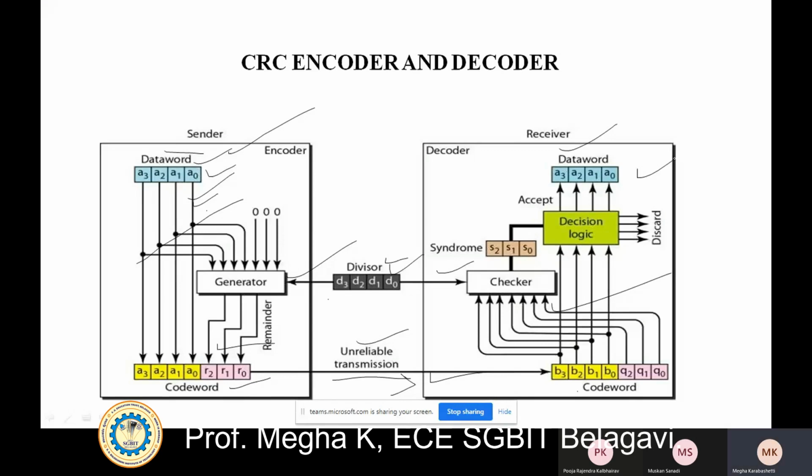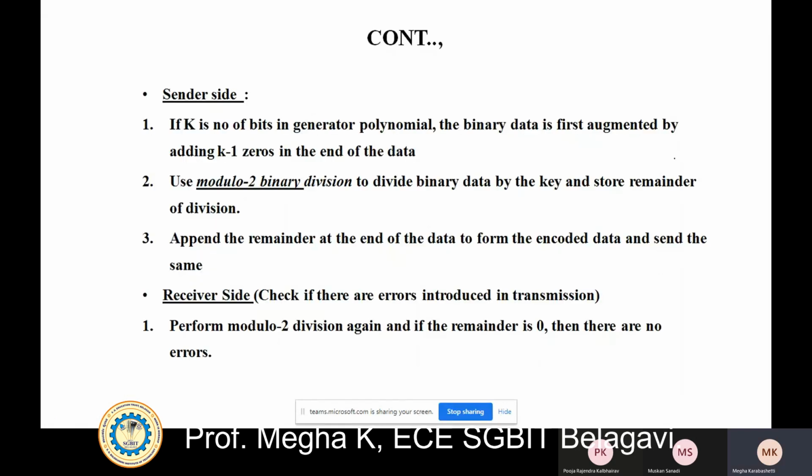You have the operation written here. On the sender side, what happens? If there are k bits in the generator polynomial, which is the key here, the binary data to be transmitted, the data word, is first augmented by adding k minus 1 zeros at the end of the data.